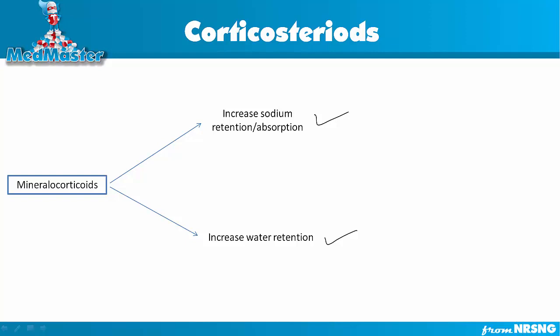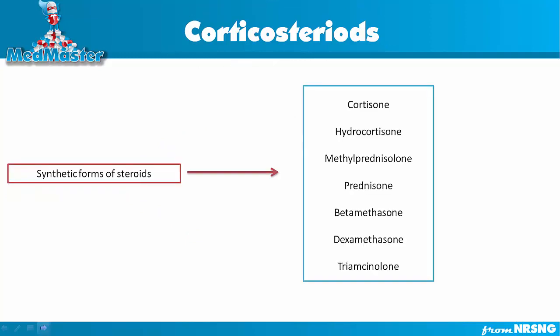Now, coming back to our main point, corticosteroid drugs. Corticosteroid medications are nothing but a synthetic form of steroids, so these are man-made corticosteroids. Like the hormones produced by the adrenal gland, they include cortisone, hydrocortisone, methylprednisolone, prednisone, betamethasone, dexamethasone, and triamcinolone.